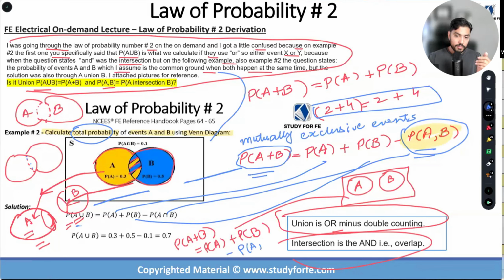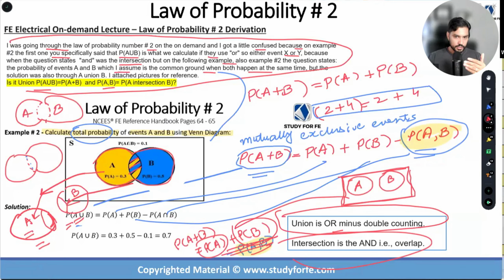But what is interesting about this overlap, guys? If you look at the Venn diagram, what is the value of this overlap? 0, correct? So in other words, when we have mutually exclusive events, we can just say that probability of A plus B is equal to probability of A plus the probability of B. So this is the definition of mutually exclusive events.